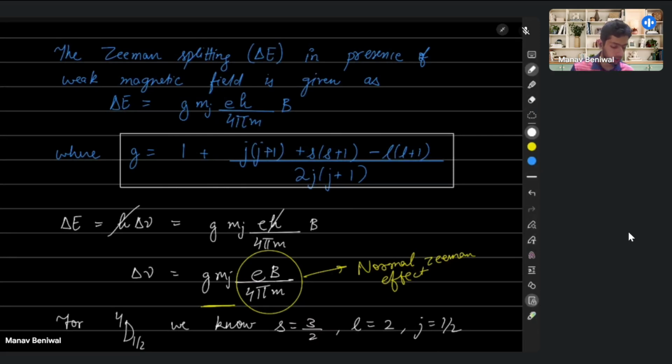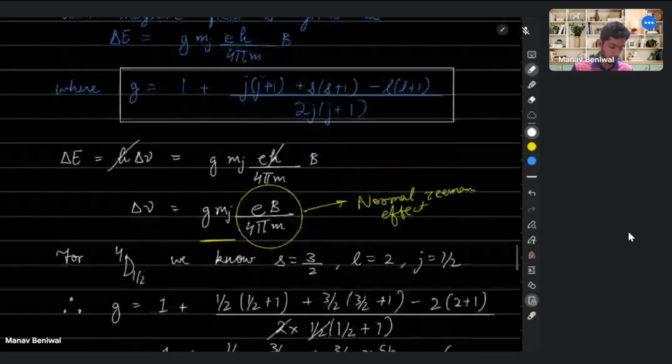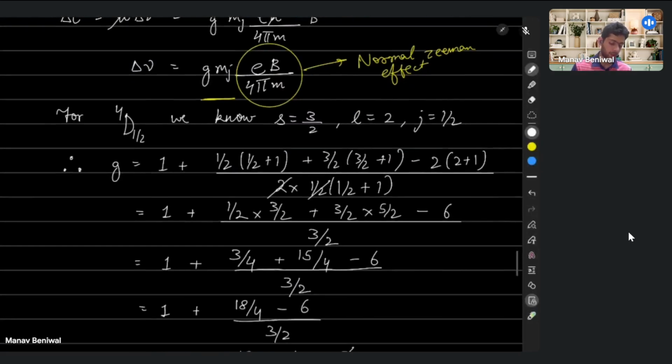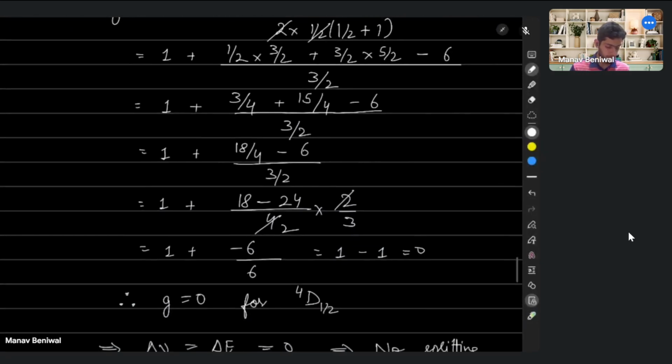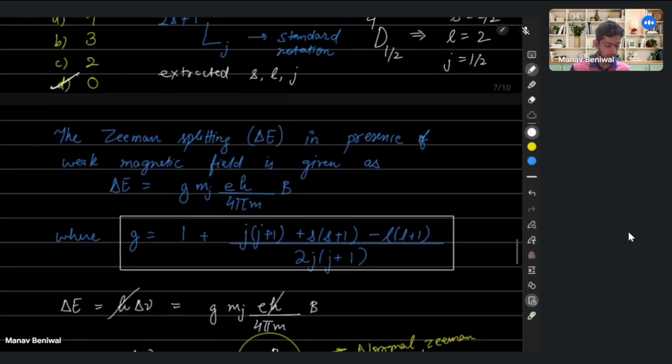Okay, so once we started finding out the value of G, the value of G comes out to be 0. So in this equation, if we put G as 0, we get delta E to be 0.